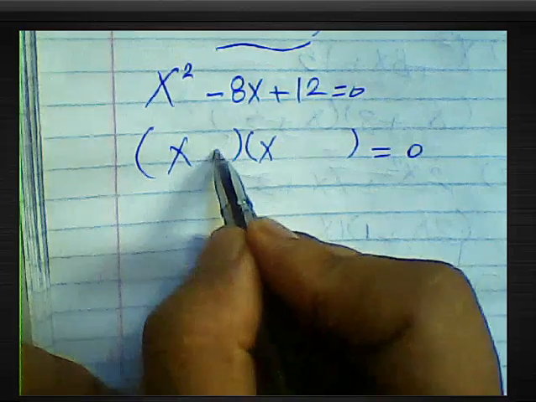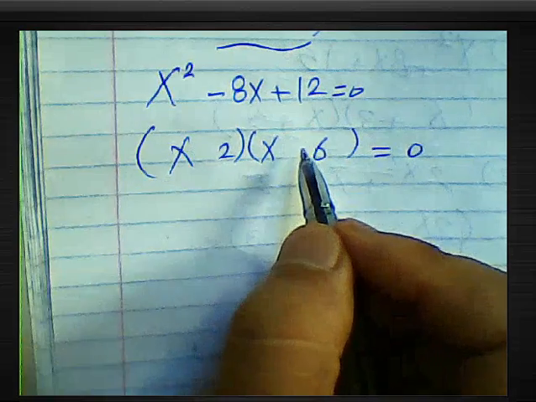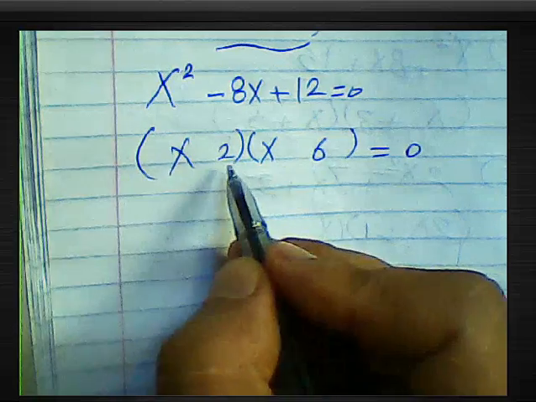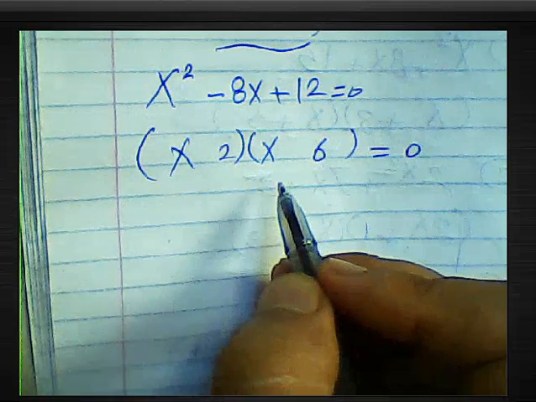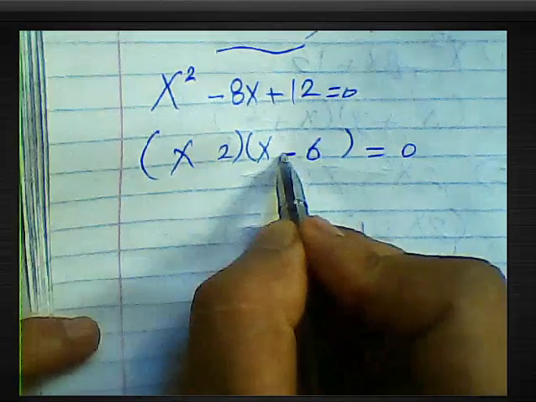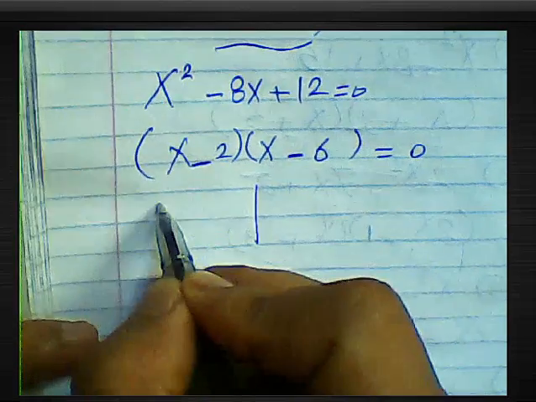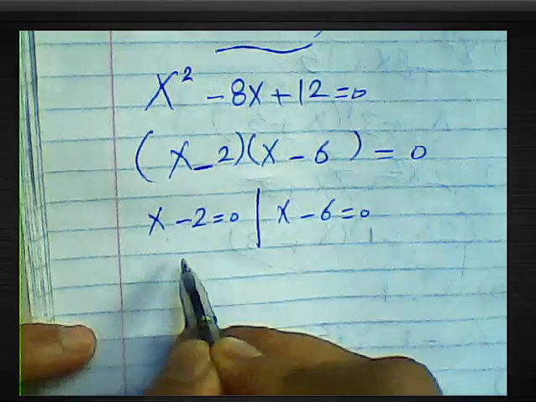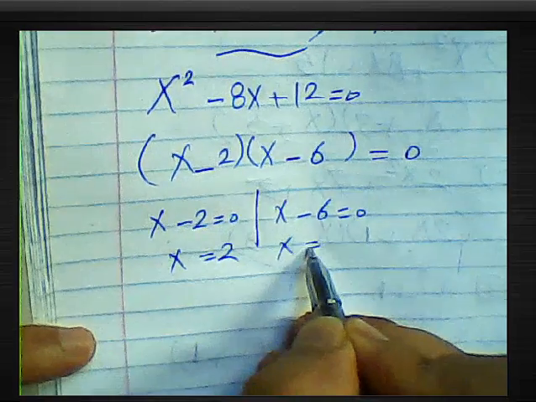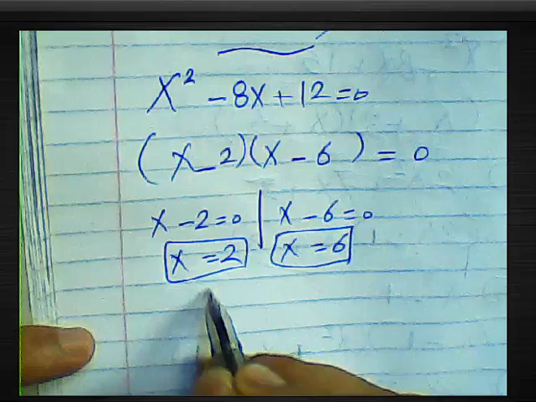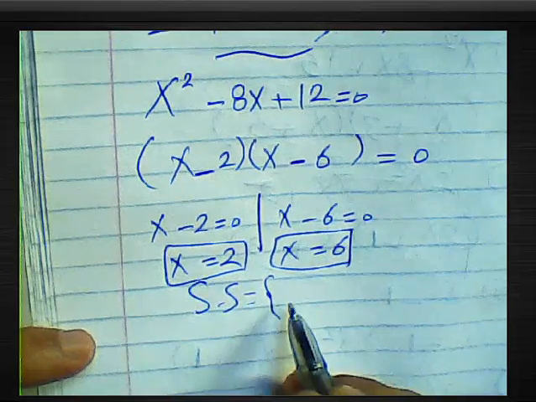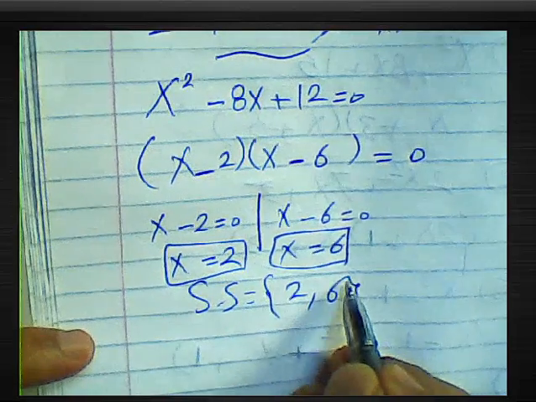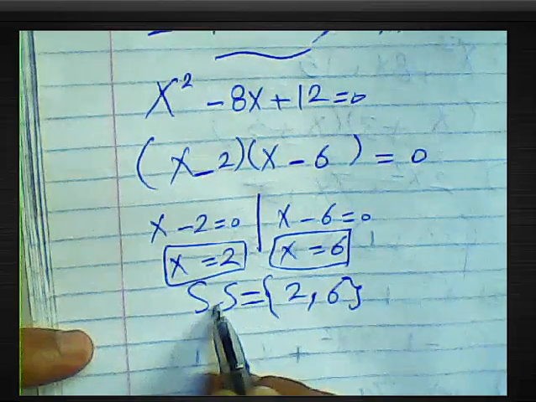We know 2 multiplied by 6 equals 12, and if we add 6 and 2, the result will be 8, and the sign will be negative. Then the first factor, x subtract 2, equals 0, or x subtract 6 equals 0, then x equals 2 or x equals 6. So the solution set will be 2 and 6. It's okay.